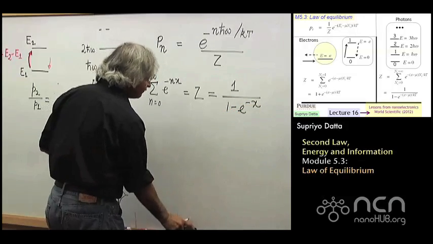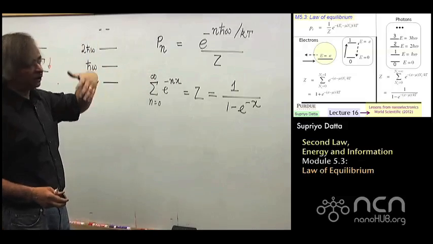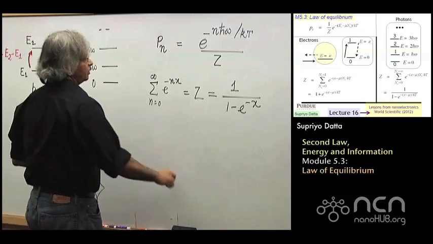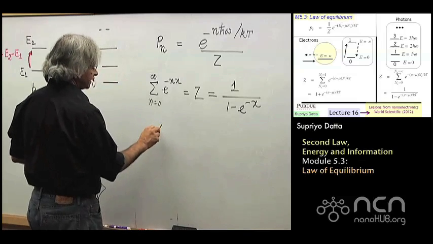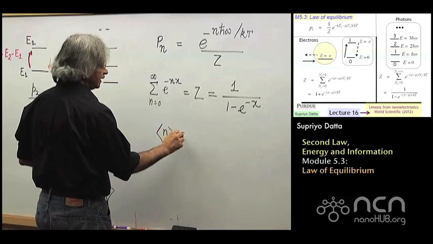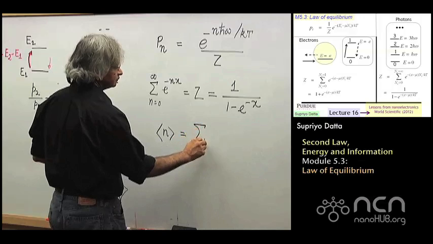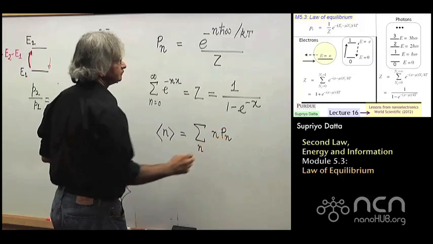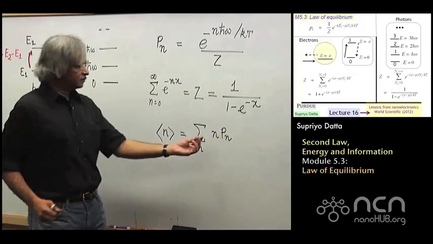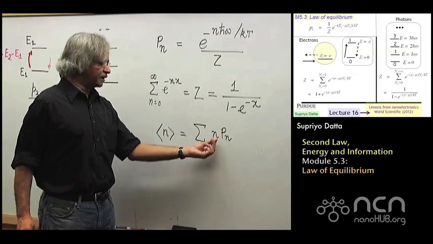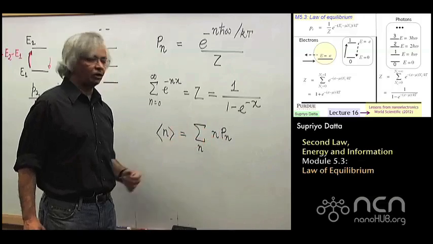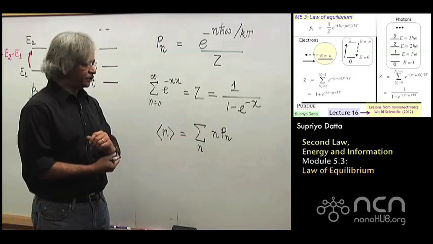Now, if you want the average number of photons, which is what the Bose function gives you, the way you can write it is, the average number of photons is the sum over n of n Pn. Pn is the probability of having n photons, and so n times Pn, if you add it all up, gives you the average number.